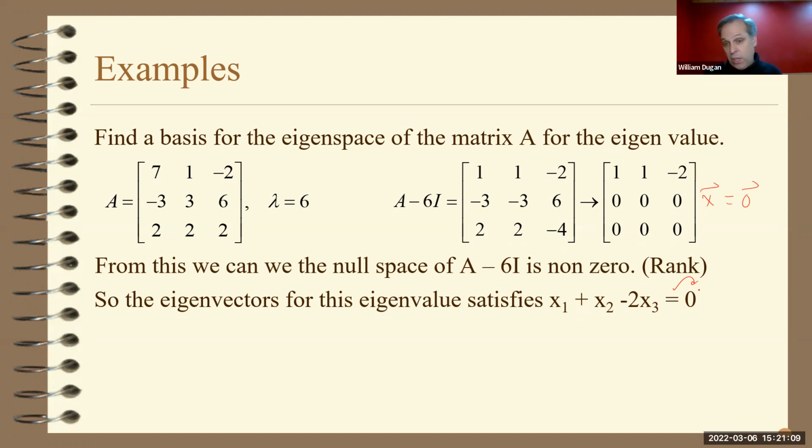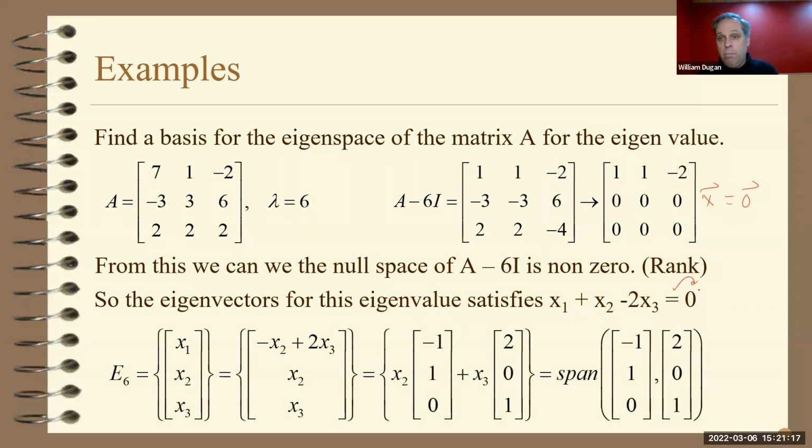Because of that one equation, x2 and x3 are free, and x1 is a leading variable. So I can take the eigenspace, the set of all vectors that are solutions to that system, take the x1 out and put in its place what it's equivalent to.